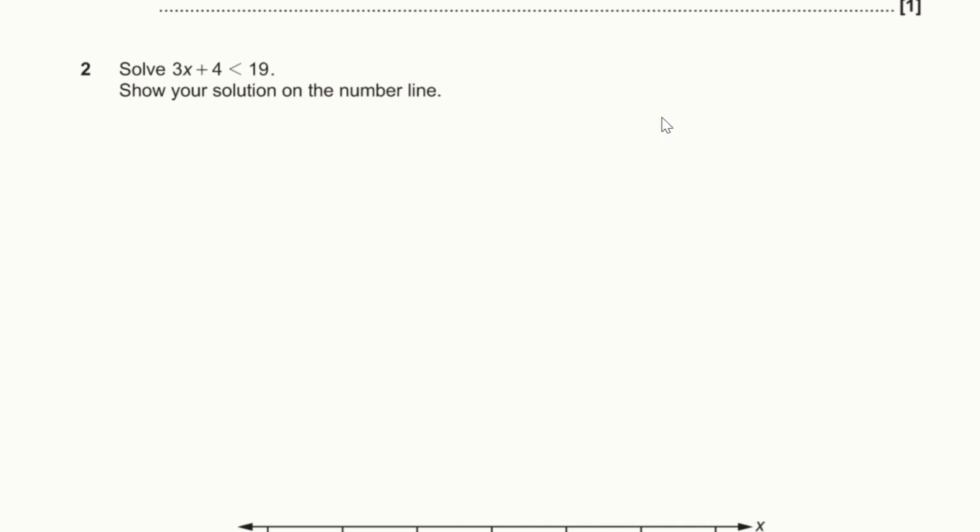Question number 2, we have to solve 3x plus 4 being less than 19, showing our solution on a number line. We begin with 3x plus 4 being less than 19. We begin by subtracting 4 from both sides.